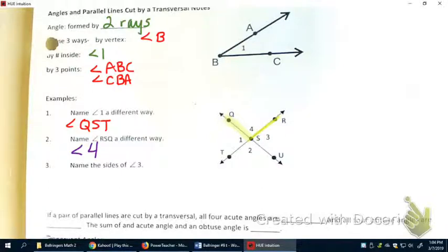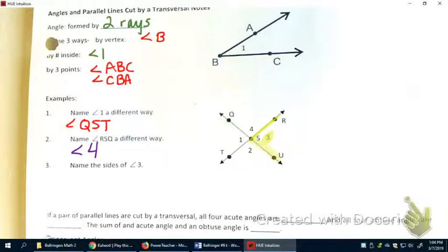Then it says name the sides of angle 3. First thing I'm going to do is highlight angle 3. So here's 3. It's the lines right around it. There are two sides around angle 3. Does that make sense? Okay, when you say a side, you do it with two letters.